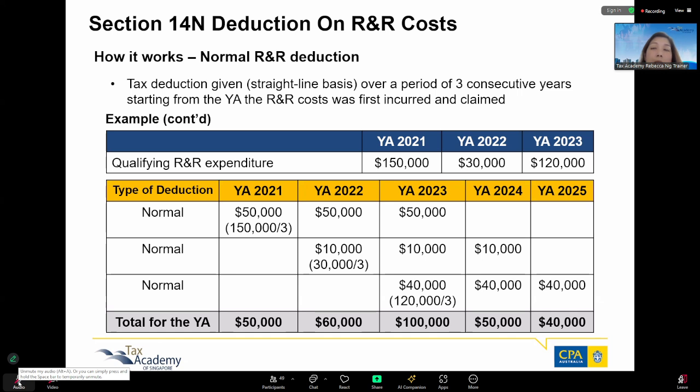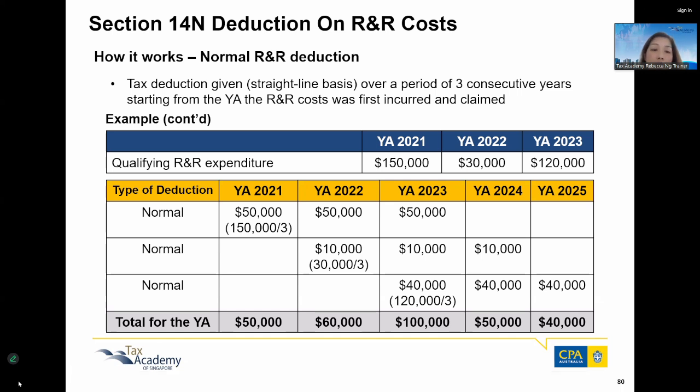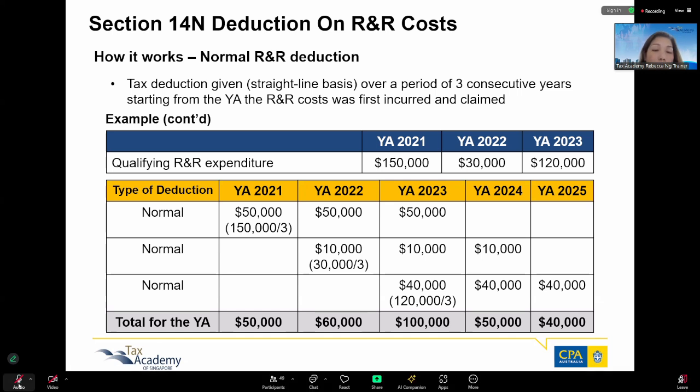The company may also have qualifying expenditure and deduction in the earlier years, whether the company has elected for accelerated claim in YA 2021, 2022. So the accelerated claim is YA 2021, 2022, and 2024. Okay, got it. Thank you.